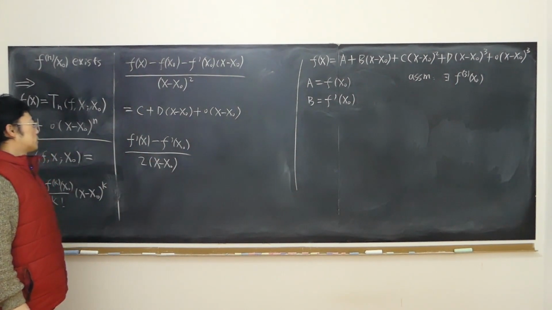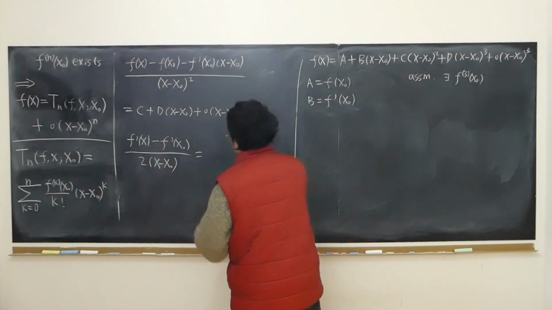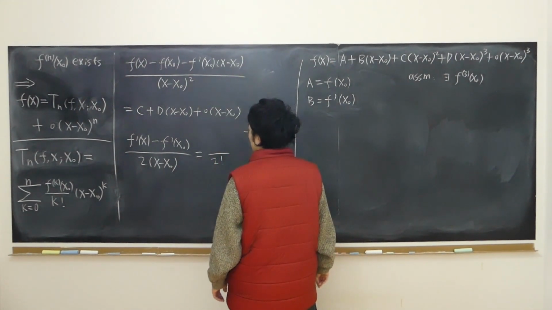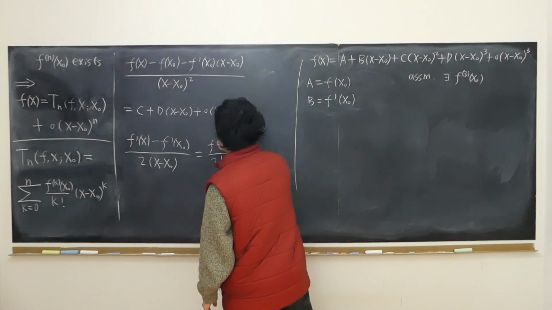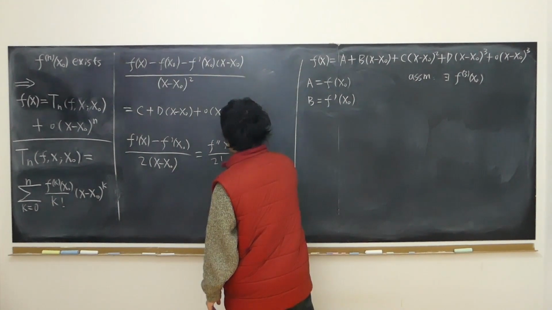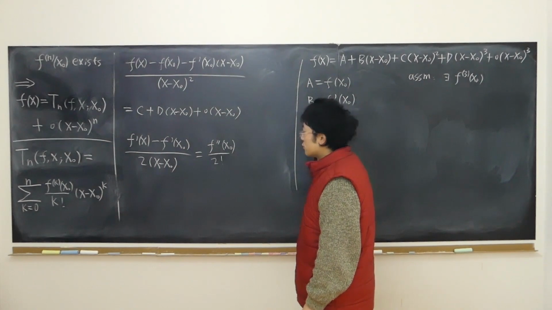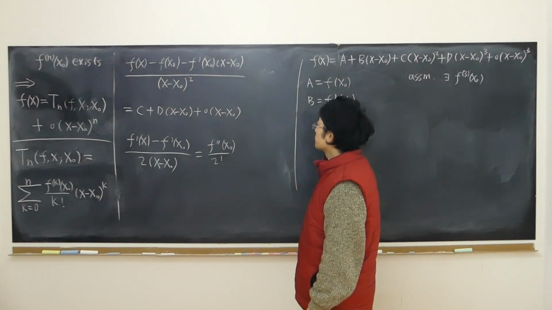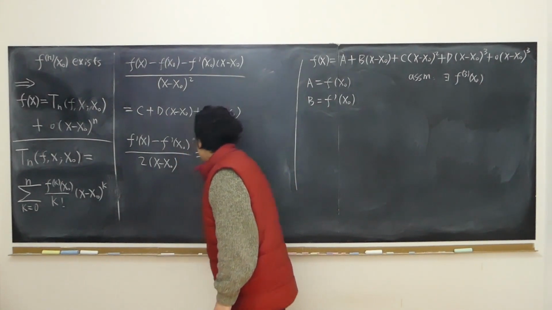What's the derivative of that? We'll copy down a 2 here, so 2 factorial, same thing. So f double dash of x naught, the second order derivative at x naught. The pattern is becoming more and more clear.